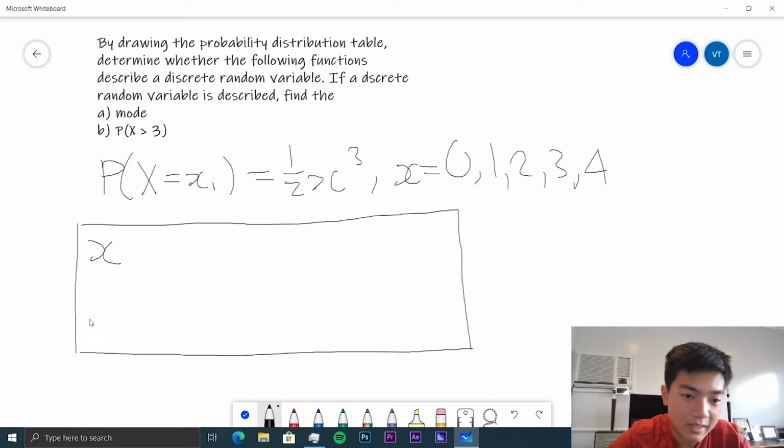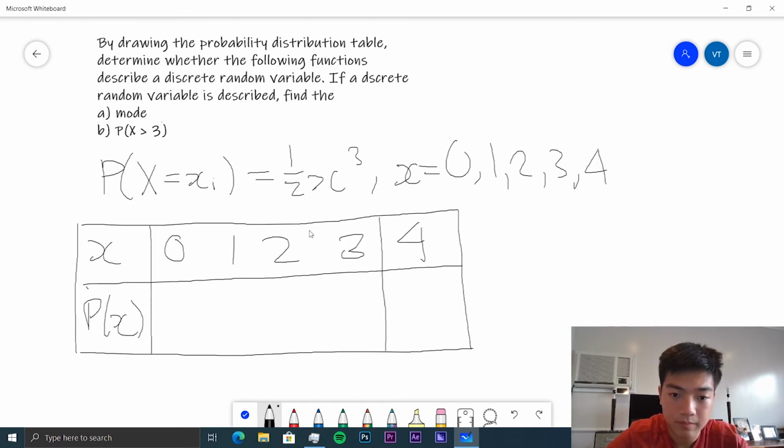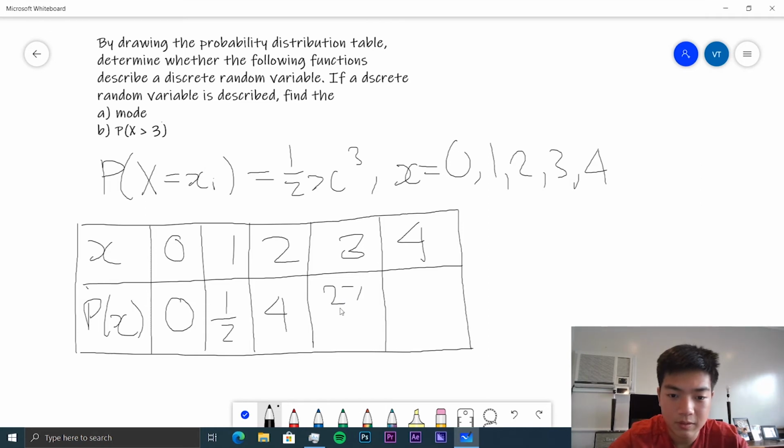We have x and the probability that it gets x: 0, 1, 2, 3, and 4, and we have 1/2 x cubed. So 1/2 of 0 is 0. 1/2 of 1 is 1/2. 1/2 of 2 cubed is 4. 1/2 of 3 cubed is 27/2, and 1/2 of 4 cubed is 32.